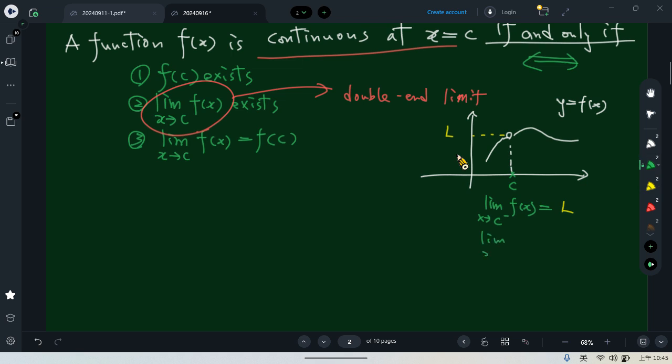The limit as x approaches C plus of f of x, this time from this side, is also L.